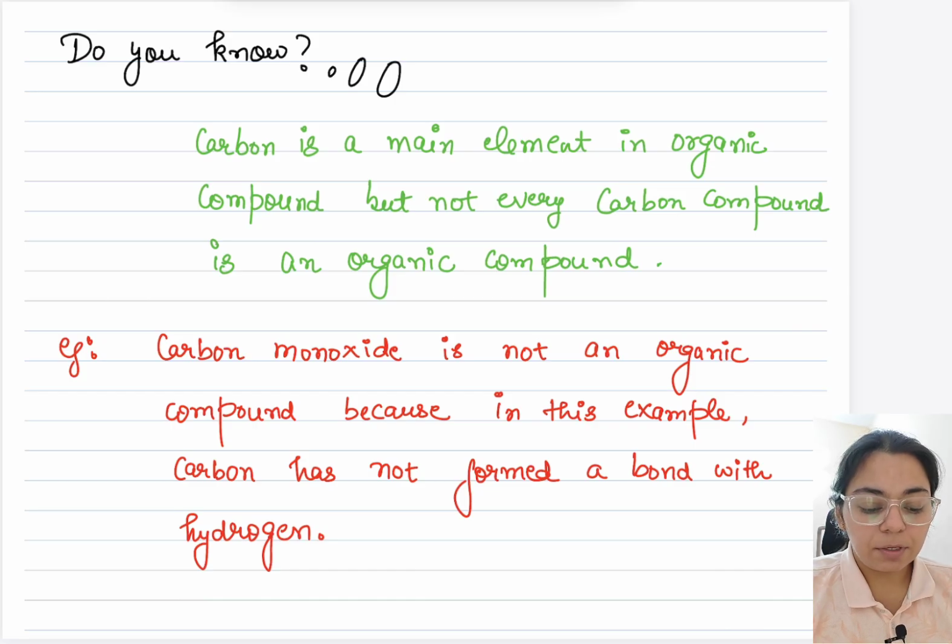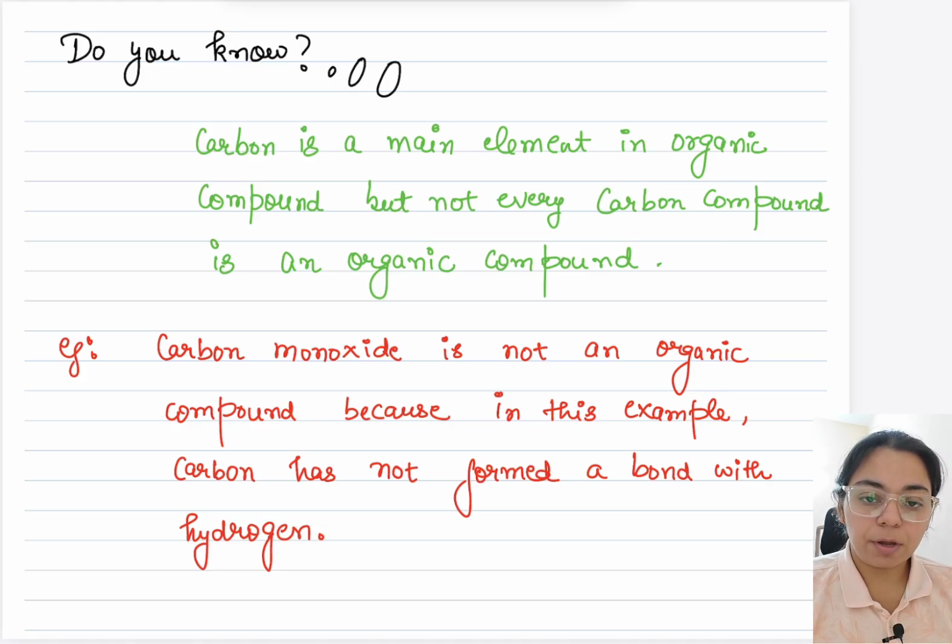So carbon is the main element in an organic compound. Whenever the word organic comes into your mind, the first thing that must come is carbon. Any organic compound will surely have carbon in it. But not every carbon compound is an organic compound.